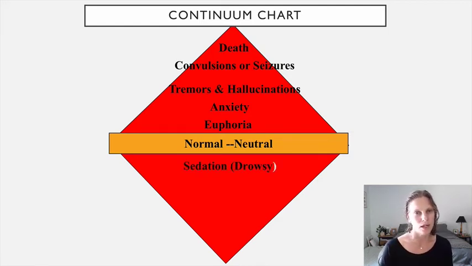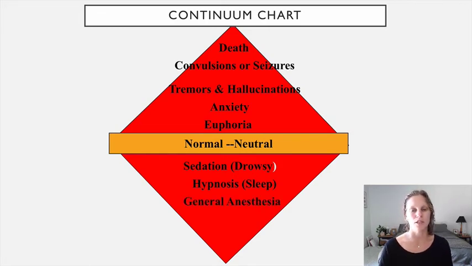Flipping this the other way, looking at signs of depression, one step below the normal or neutral line would be sedation, which is a state of drowsiness. A larger dose would be hypnosis, which is a state of arousable sleep. So they go to sleep, but they can be aroused or woken without too much difficulty.